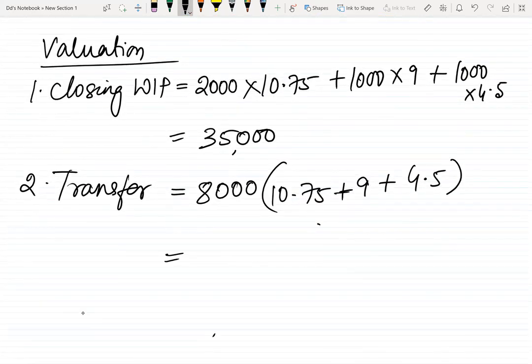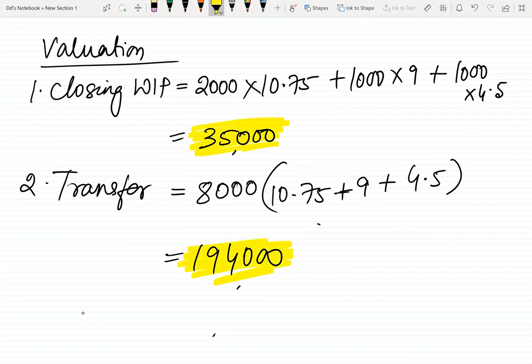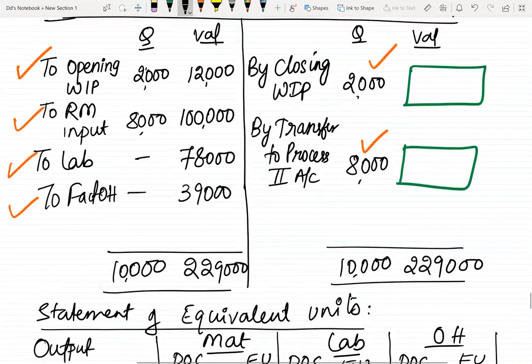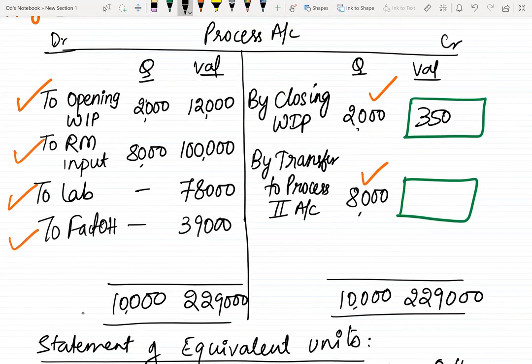That will be 194,000. Now these two numbers will go to my process account. 35,000, 194,000, and the total will be the same, 229,000.